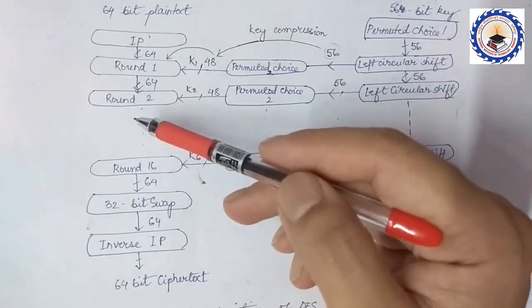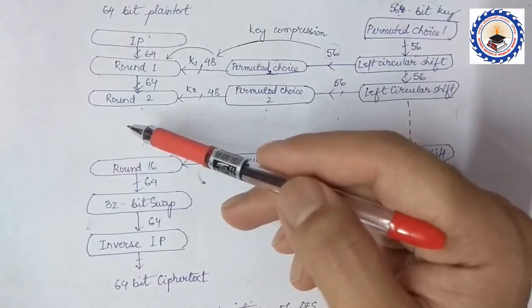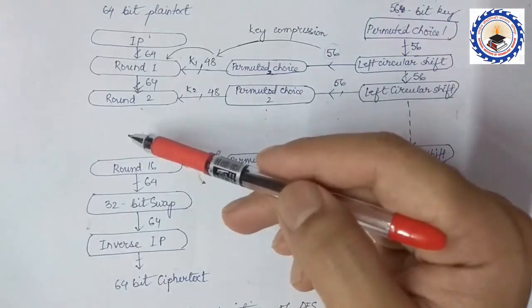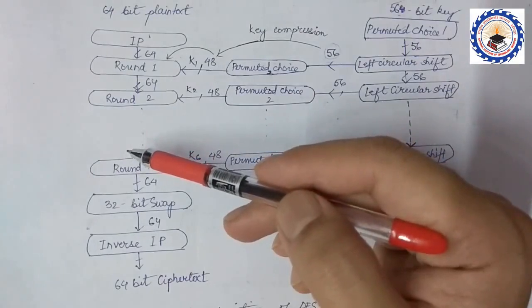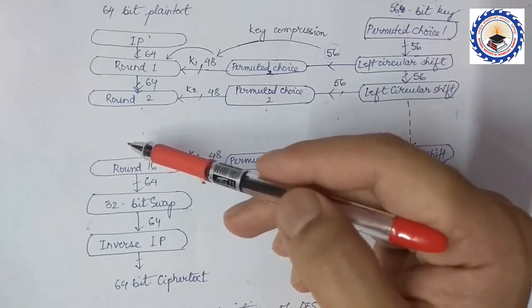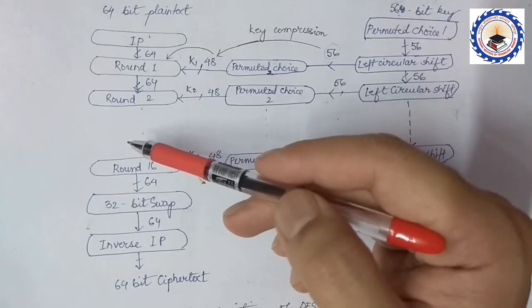Even in round 1 or round 2 we could get a ciphertext, but we still continue up to round 16 by default, in order to have maximum complexity so that it is impossible to cryptanalyze or break the encryption.